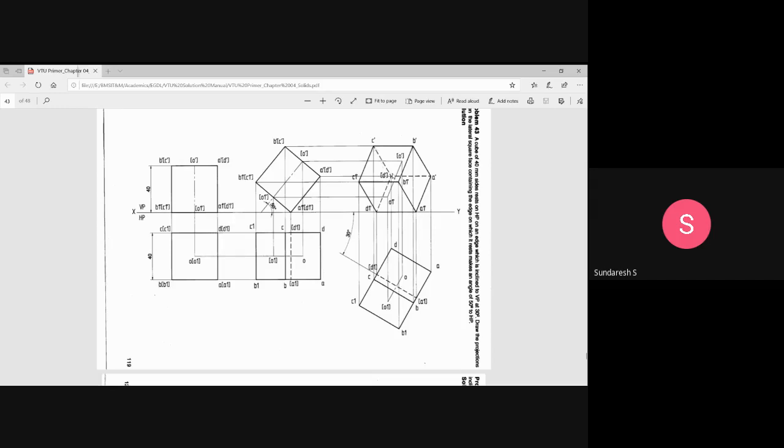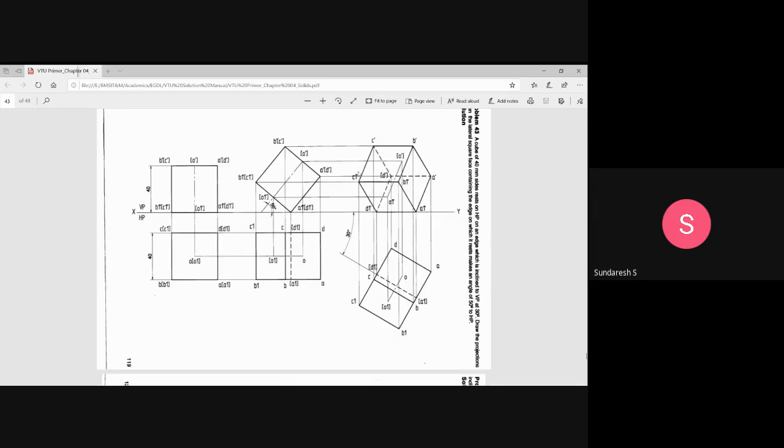Therefore, they should be represented as continuous dashed lines. Also complete the representation of the axis as O dash and O1 dash. So this is the completion of the final position front view.